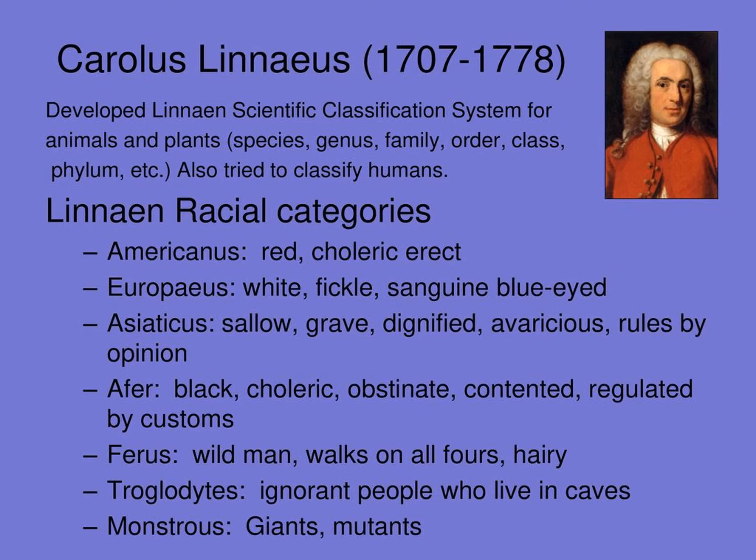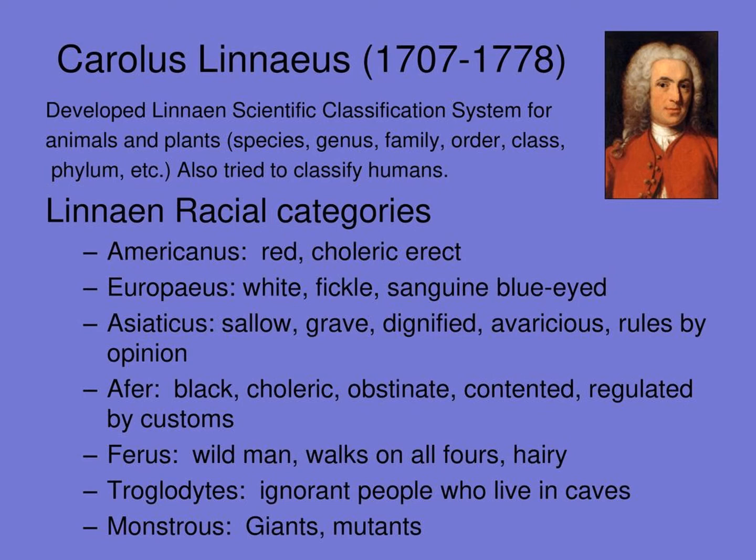But he also tried to classify humans as well, and he came up with a little schema, a little chart for classifying the various human groups on the planet, right? He had Americanus, which were people of red skin. He had the Europaeus, which were people of white skin. He had the Asiaticus, which were people of sallow skin, which is kind of pale and yellow.